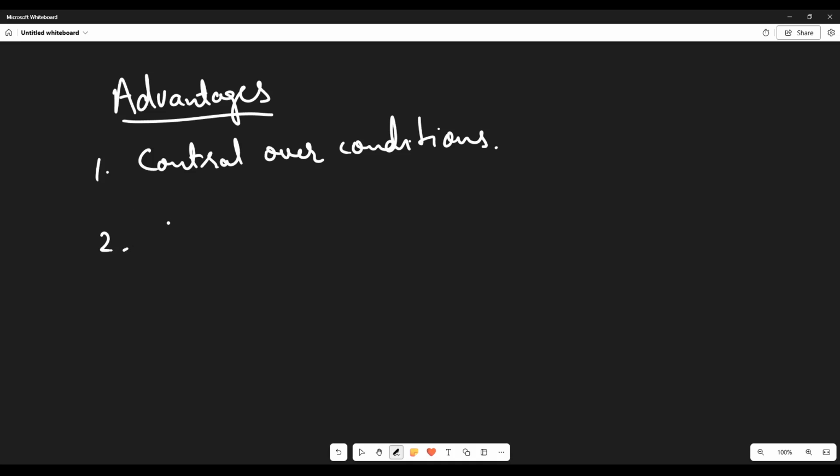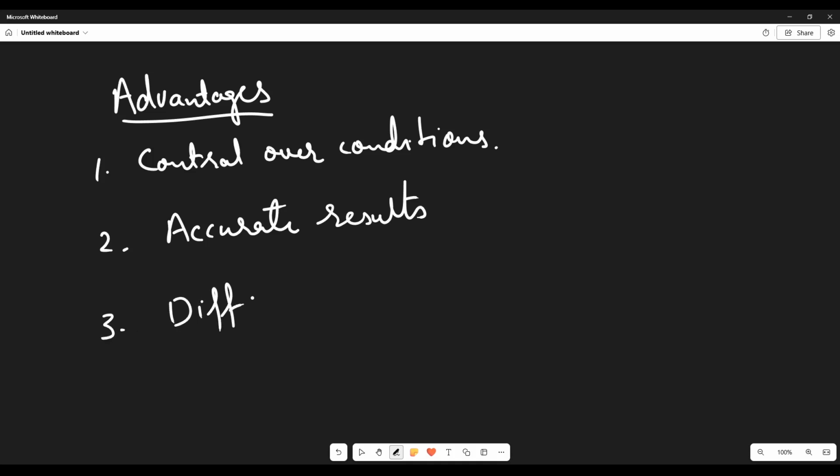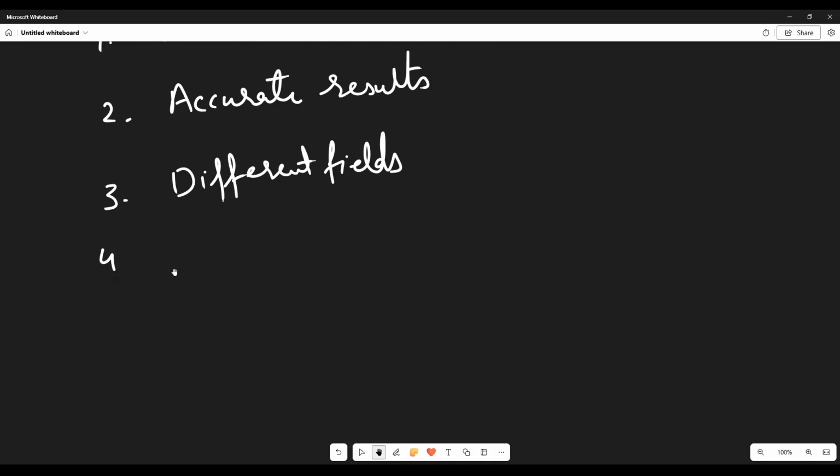Results are accurate and valid. It can be used in different fields. Cause and effect relationships are determined in the experimental method.